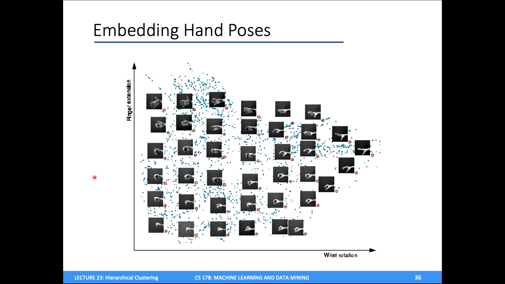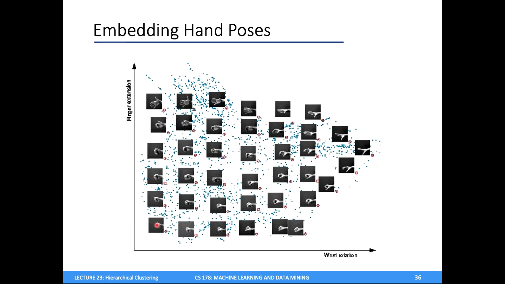And what we can see is that if we learn some kind of embedding of these images, we can map them into a two-dimensional space rather than a 1,000-dimensional space, such that we capture the low-dimensional structure present in this data.